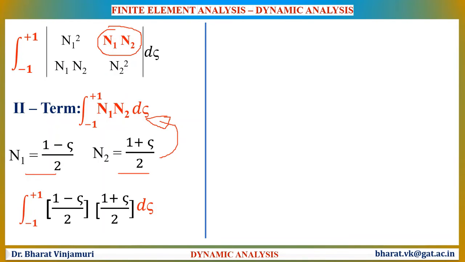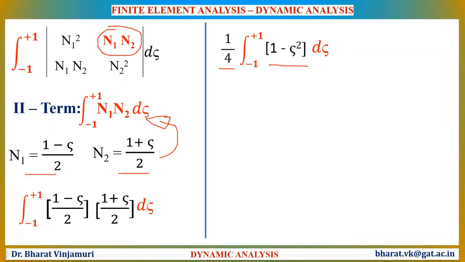By multiplying N1 and N2, we obtain 1 by 4 as a constant, which can be taken outside of the integral. Since this is of the form (a minus b) multiplied by (a plus b), the result of (1 minus zeta) into (1 plus zeta) will be 1 minus zeta square.